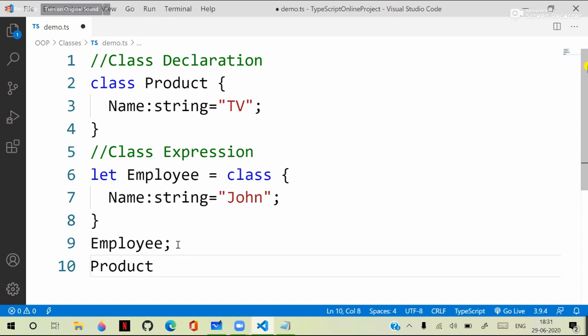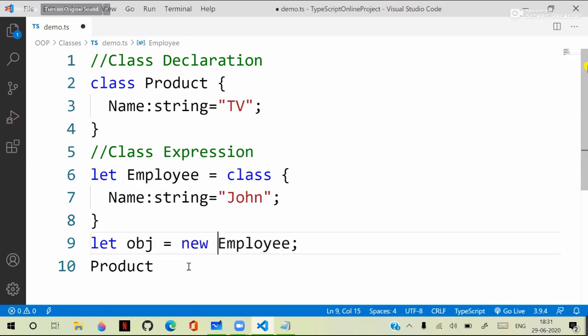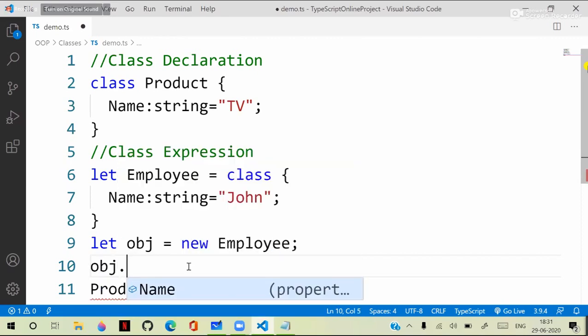Because class members we cannot directly access through the property. I will tell you the methods for how to do that. That means this is the reference. Suppose I am creating, let obj is equal to new employee, and through obj I am accessing the name. That is possible.